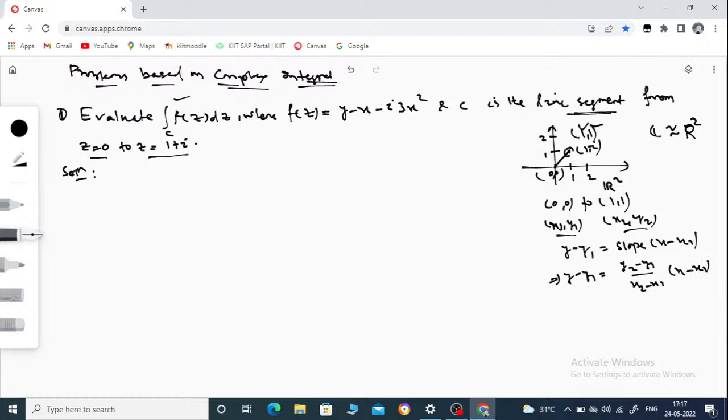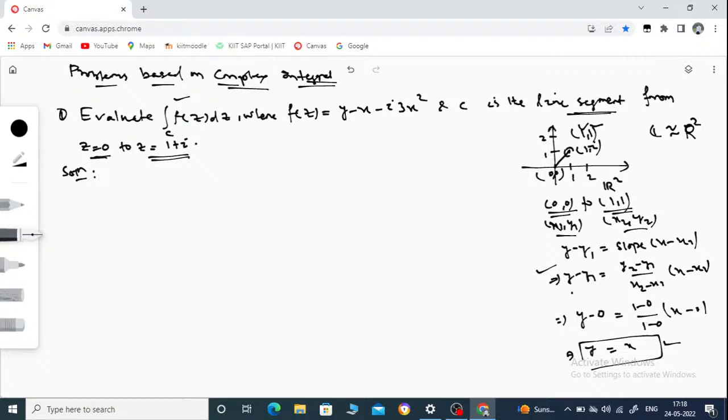If we put the points in this formula, y minus 0 equals (1 minus 0) divided by (1 minus 0) times (x minus 0). So y is equal to x. This is the line segment which joins z equal to 0 to z equal to 1 plus i.